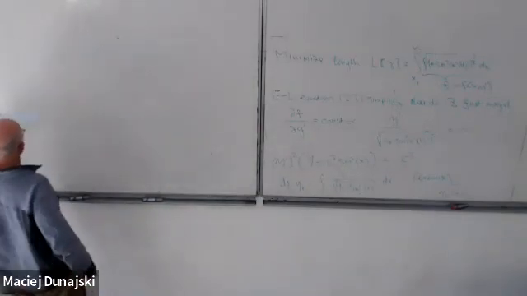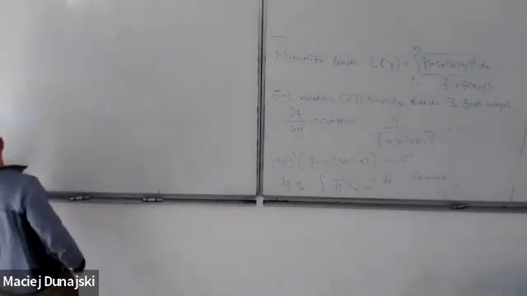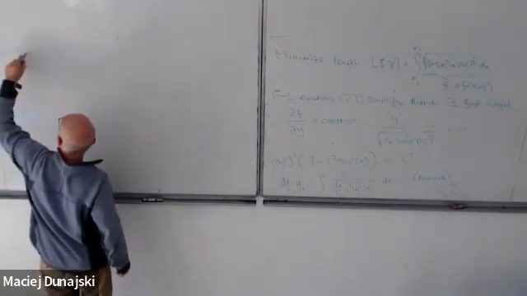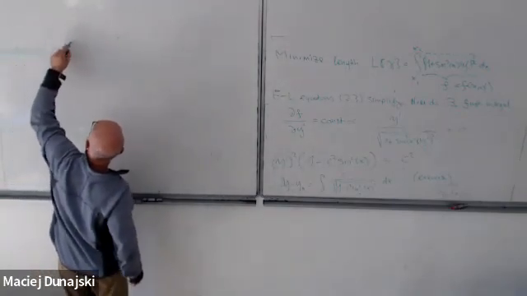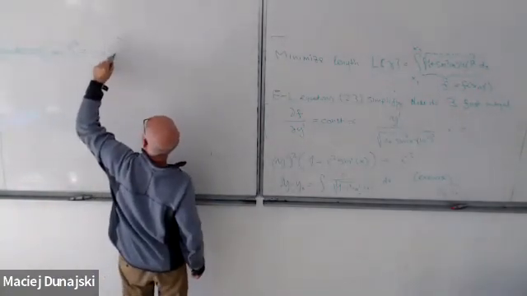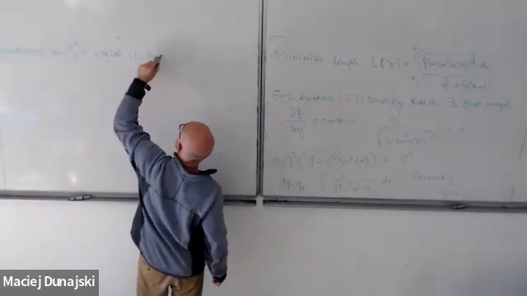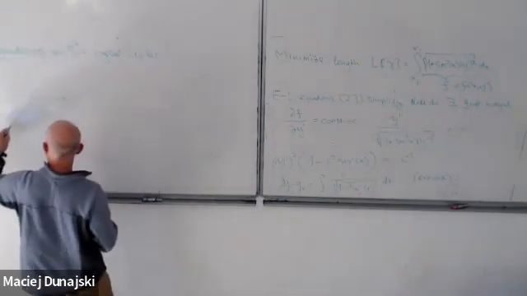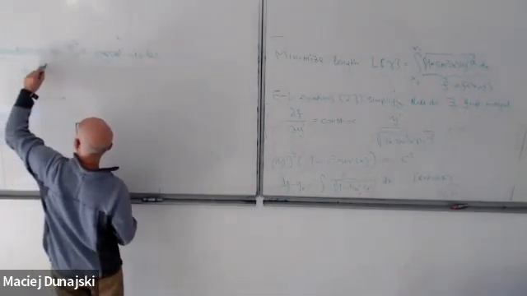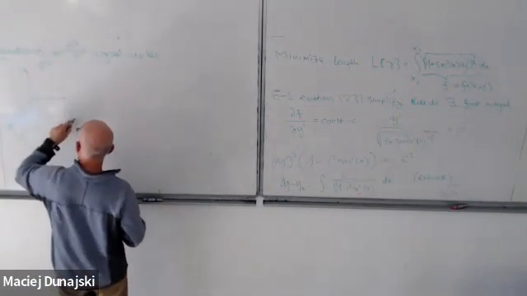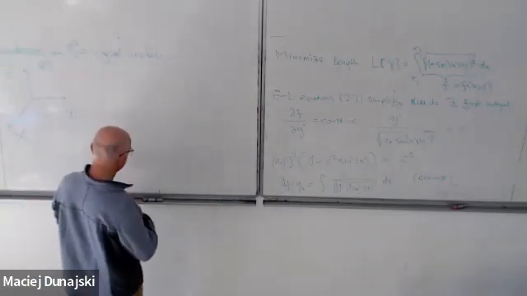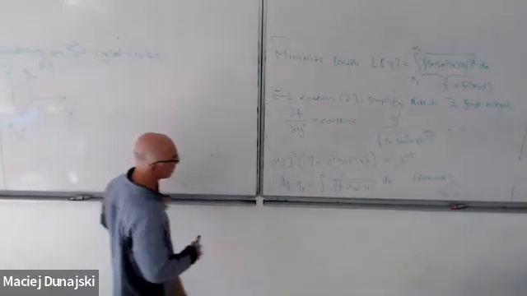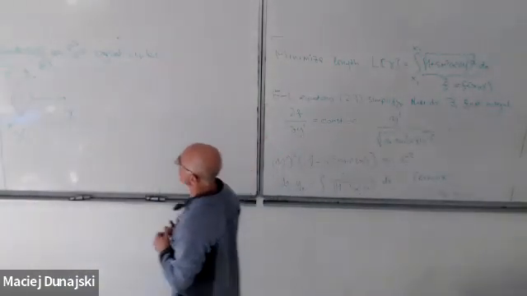And the answer is that the geodesics on S2 are great circles, the intersections of the sphere with planes which go through the origin.